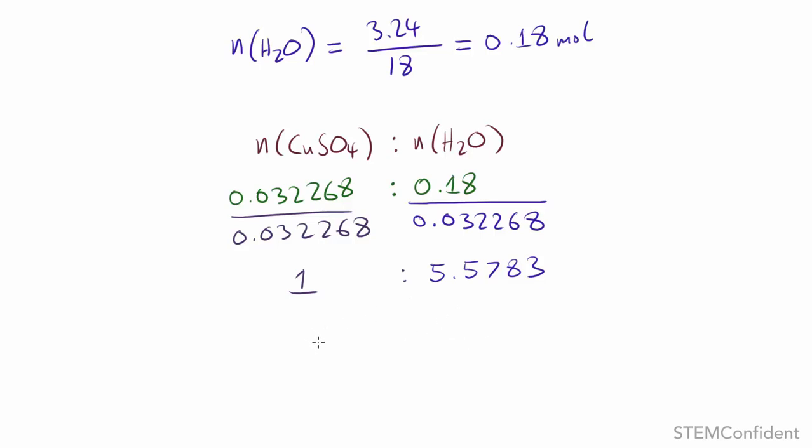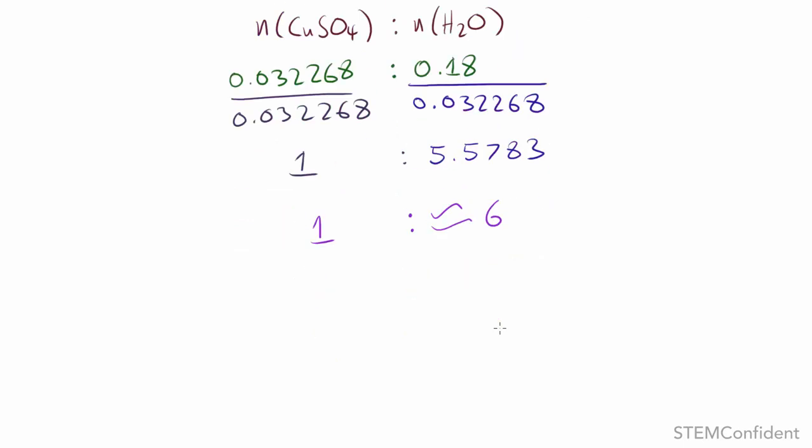So for every 1 mole of CuSO₄, once we've done that rounding, our conclusion is that you're going to get approximately 6 moles of H2O.